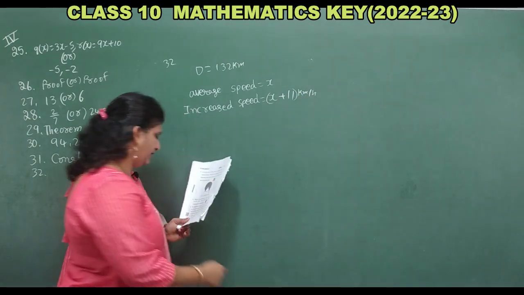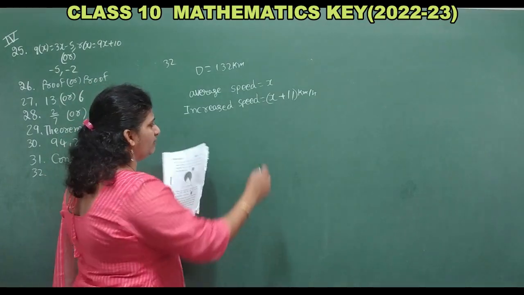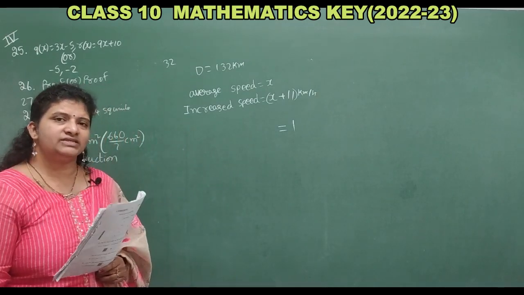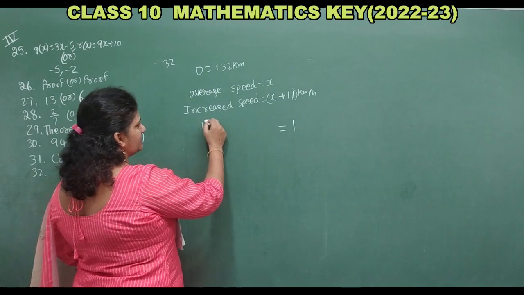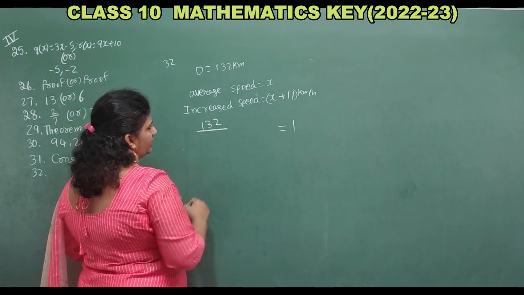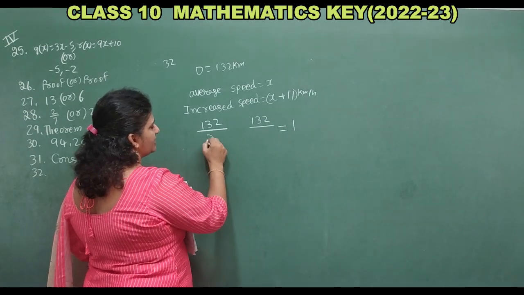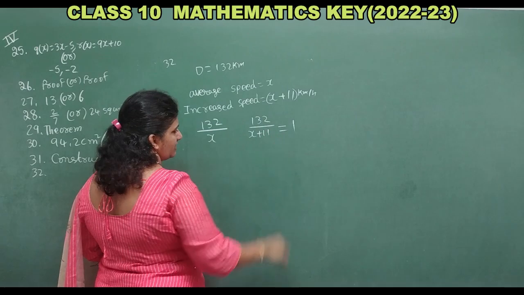And hence the car takes 1 hour less time. What is the time difference given here? 1 hour. So time is equal to distance by speed ratio. What is the distance? 132 kilometers. Here also take 132. First average speed x, and increased speed will be x plus 11.